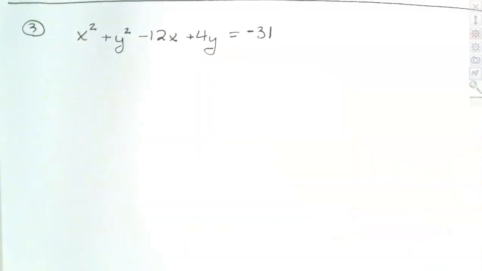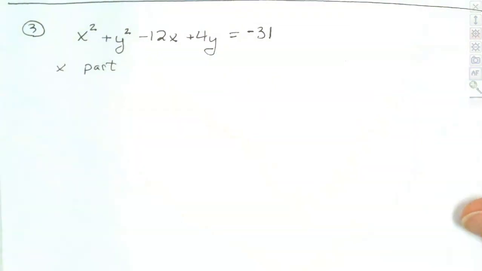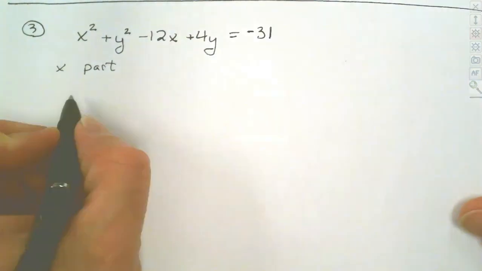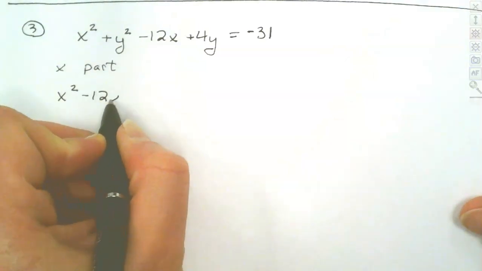Sorry about that. Now what we're going to do is look at the x part and the y part separately. And when we complete the square, what do we do? Half and square. That's all you have to remember. Half and square. So for the x part, we've got x squared minus 12x.